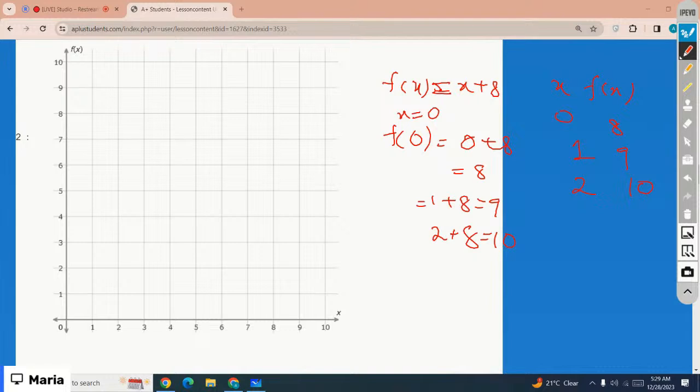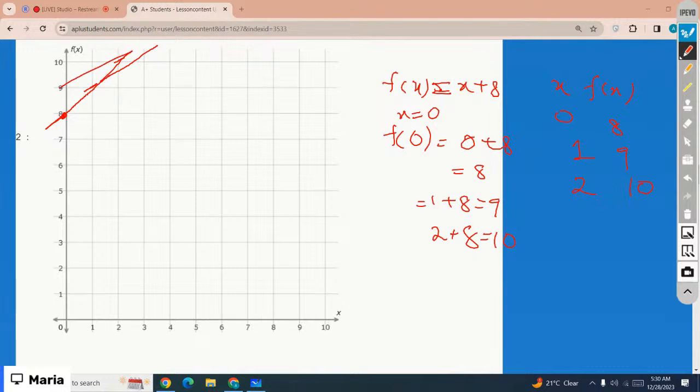Now just plot these points on the graph. When x is 0, y is 8. Here is the point. When x is 1, y is 9. When x is 2, y is 10. So just join these points and make a straight line.